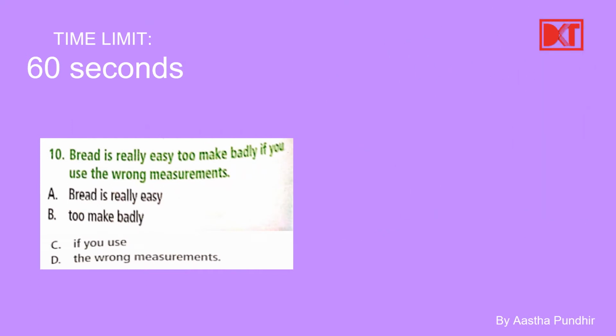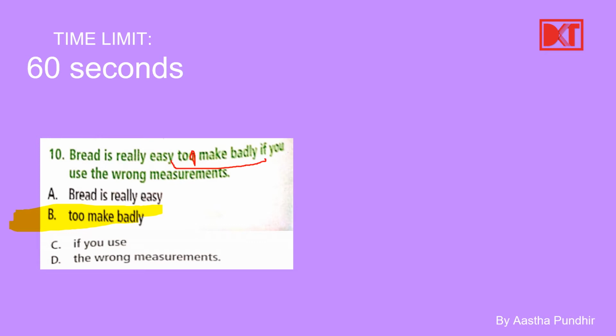Now the next sentence, bread is really easy to make badly if you use the wrong measurements. Okay, now here, which is the incorrect portion? The incorrect portion is this one: bread is really easy to make badly. I don't know what they are really trying to say, but here, in this part, it should be to make.